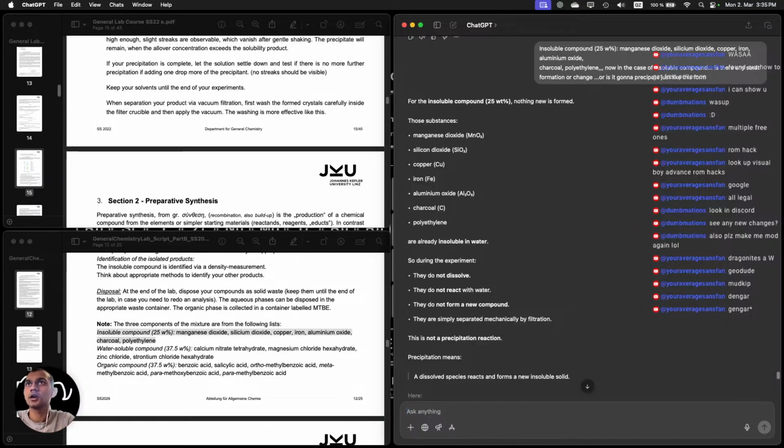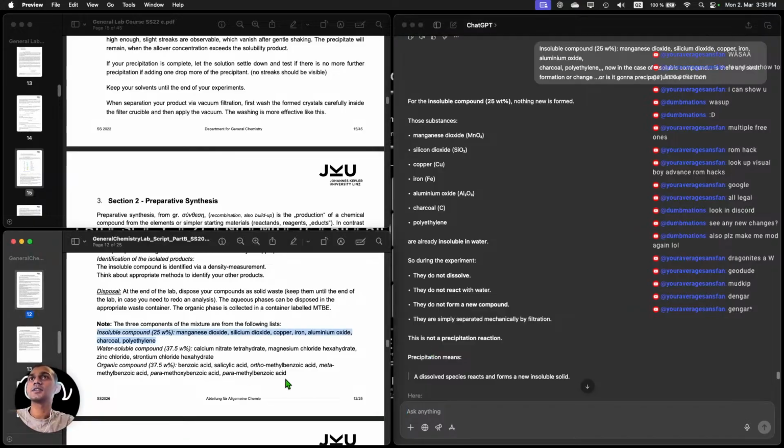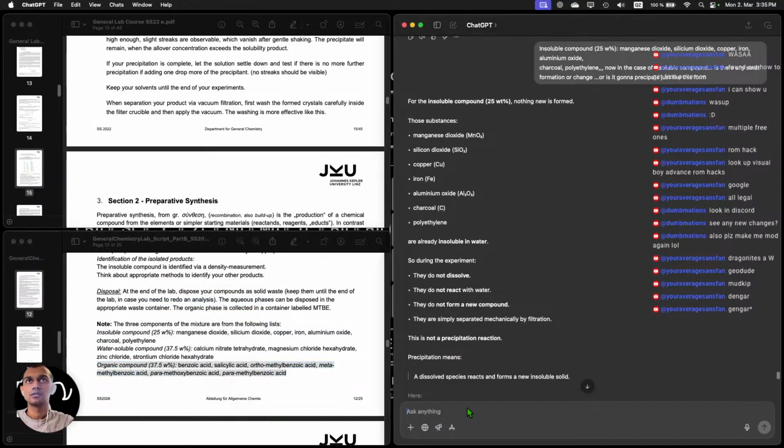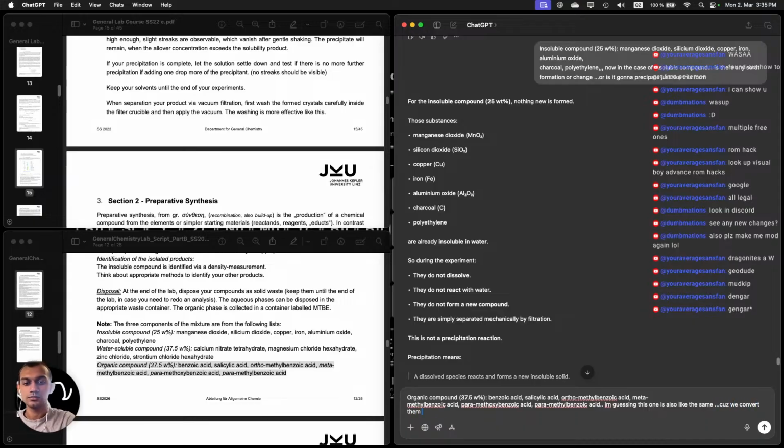Nothing new is formed. Okay. How about this one? I'm guessing this one is also the same because we convert them to salt and then revert them back to the acid.